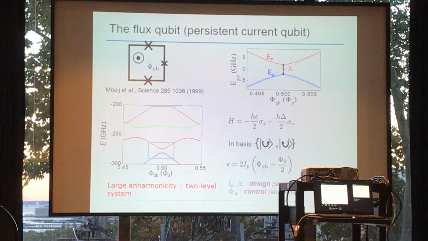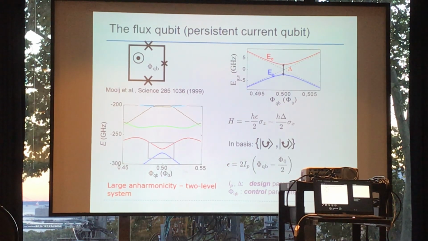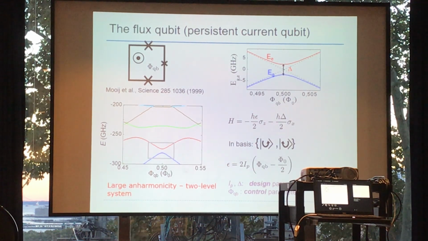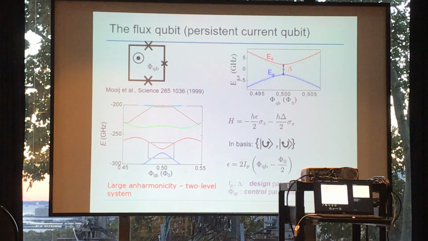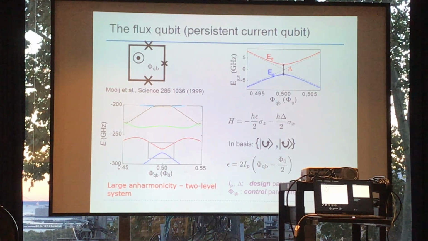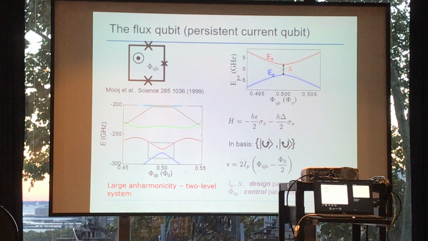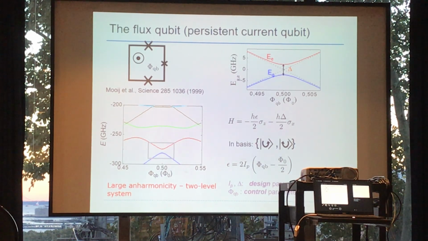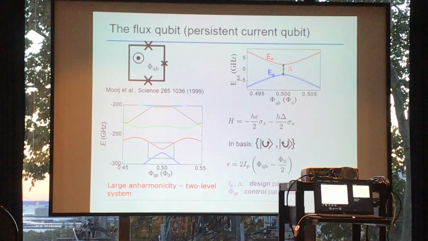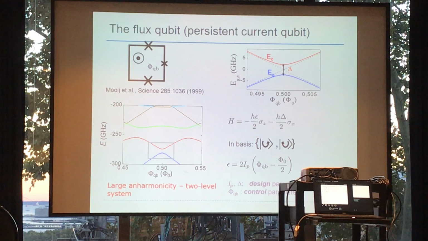What was really interesting is that when I think about quasi-particles, there was a sort of naive way, but that was really, I think, how most people thought about it at that time. When you think about quasi-particles, you think about charges, and you think about charges not really being relevant for a flux type of qubit. But we understood recently that actually quasi-particles are even more damaging for flux qubits than they are for transmons.